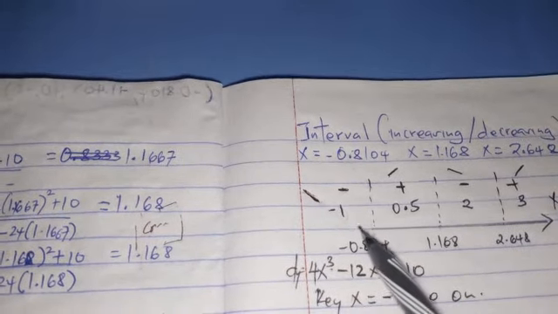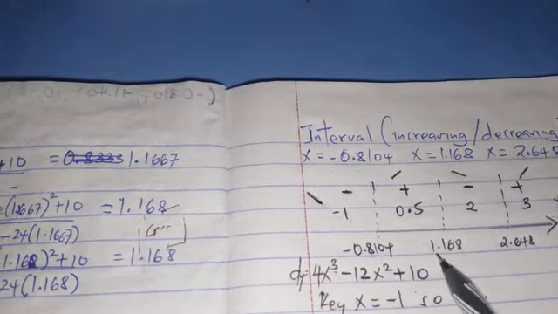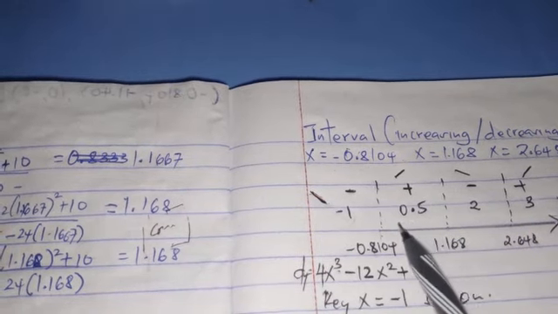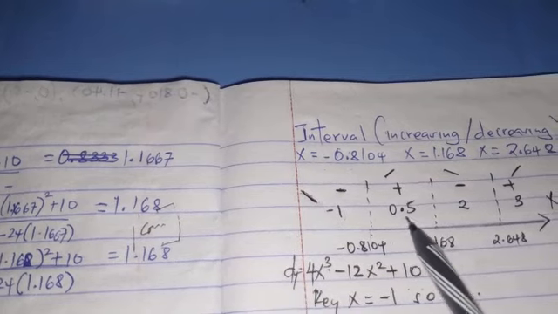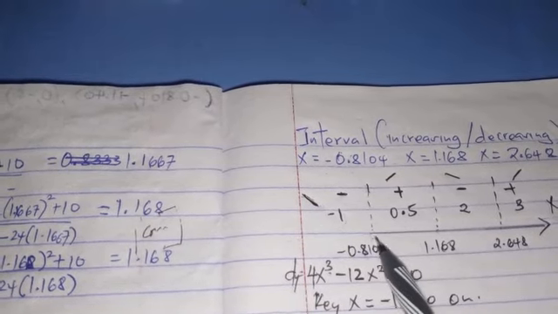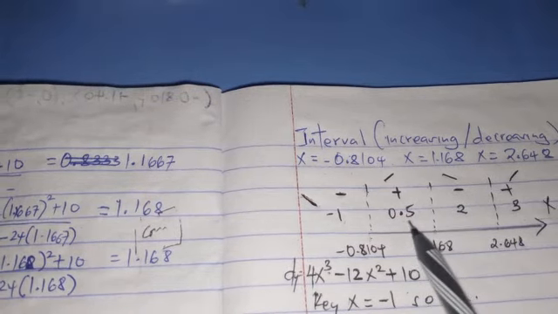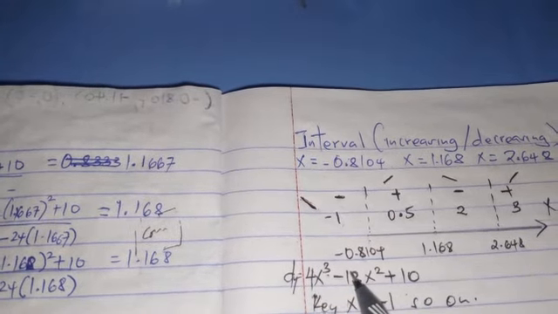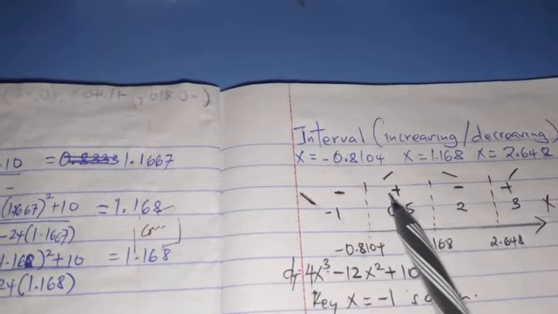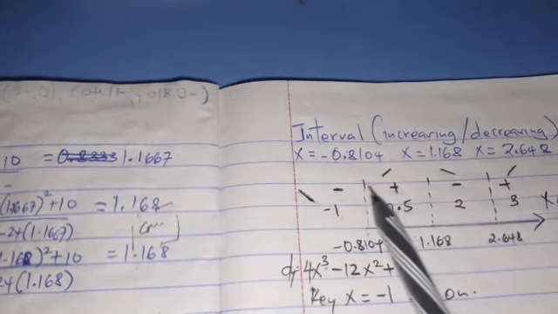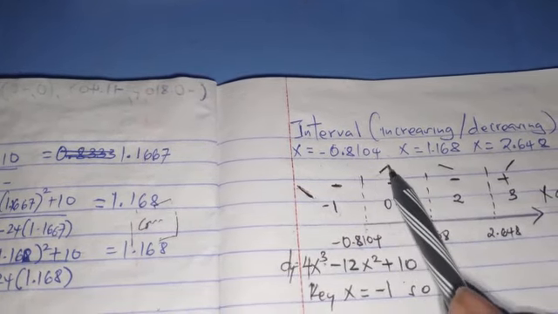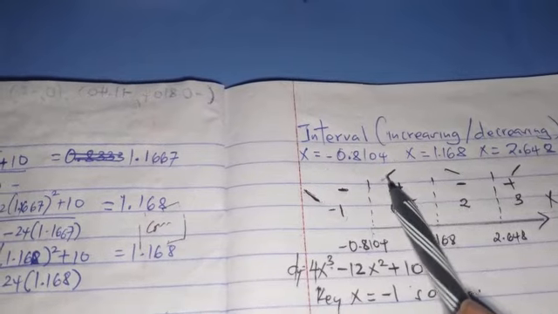So we are going also to this point and this point, that is -0.81 and 1.168. What is a number that lies between these points? One of them is 0.5. I used 0.5, but you can use any number that lies between this point and this point. When you put this into the first derivative equation, you get the output to be a positive, and a positive is represented with this diagonal.